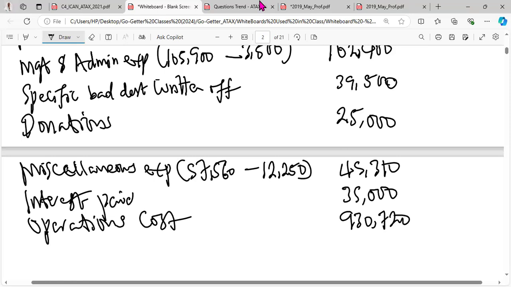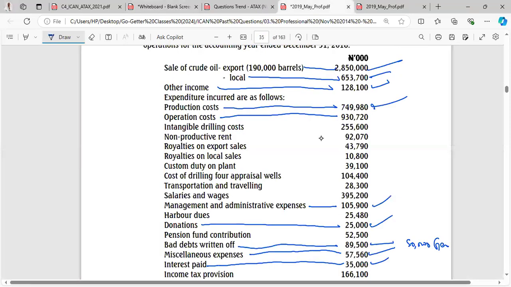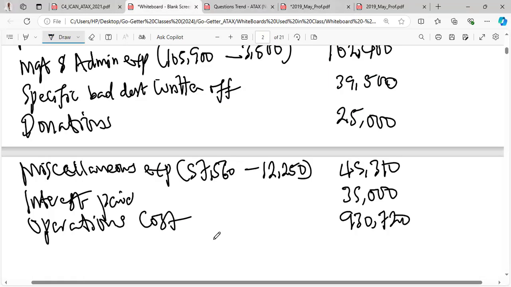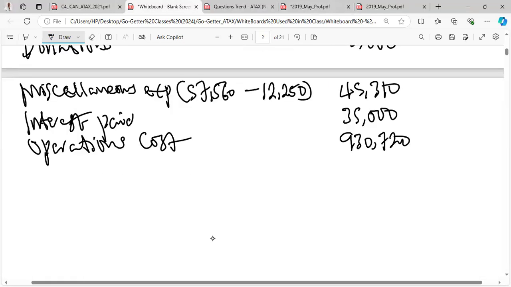Am I correct? Yes. Done this. Intangible drilling costs 255,600. 255,600. Why is my 5 resembling 6? 255,600.